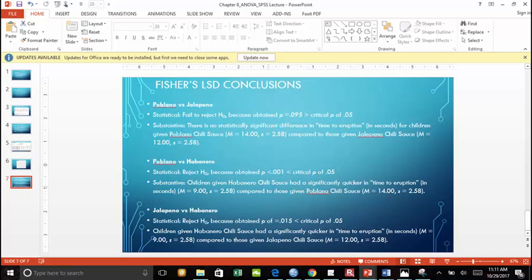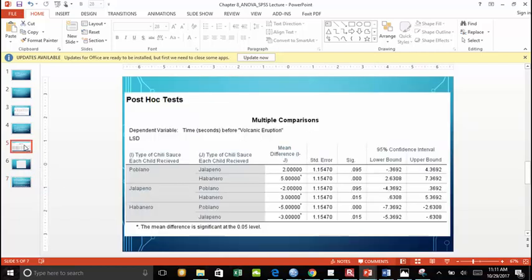Children given habanero chili sauce had a significantly quicker time to eruption in seconds, with a mean of 9 and a standard deviation of 2.58, compared to those given poblano chili sauce, with a mean of 14 and a standard deviation of 2.58. And you can decide which way it makes sense to you.